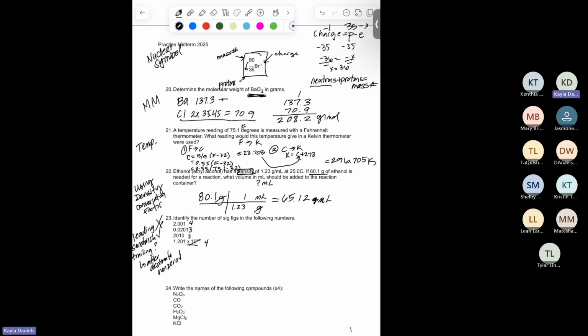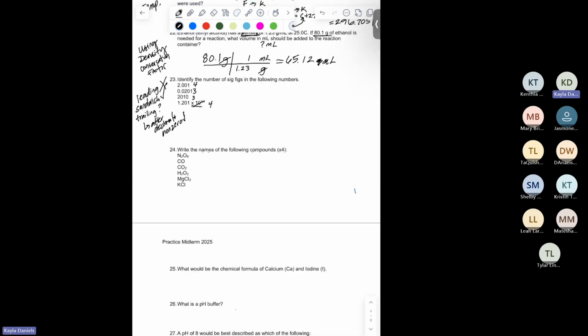All right, so I know we still have a couple pages here, but it should start to go faster. We're through all the math heavy stuff. So number 24, you have 4 questions where you need to write the names, or you might be given a name and you have to identify the compound.